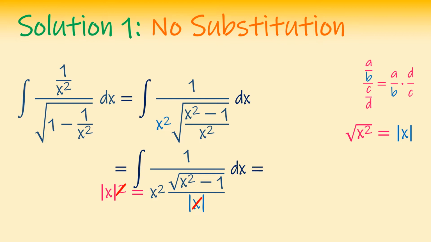Now, we are trying to find the integral of 1 divided by the product of the absolute value of x and the square root of quantity x squared minus 1 dx.